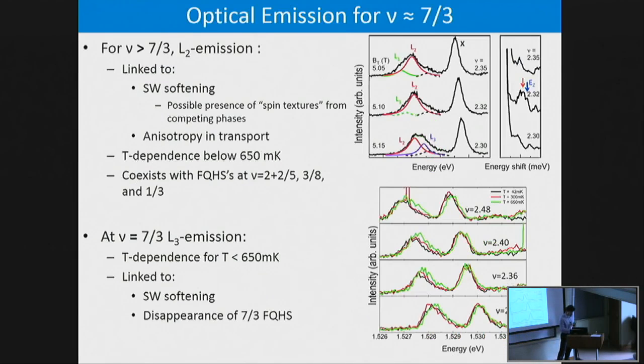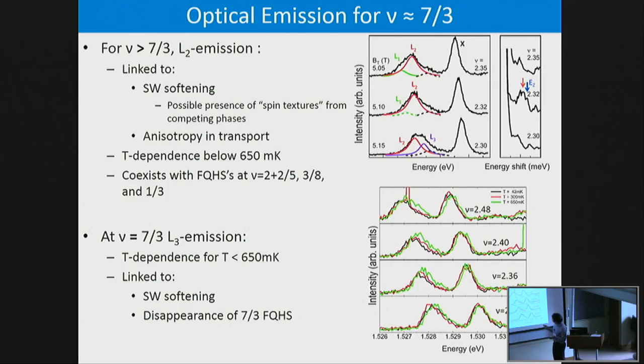But yeah, the results near 7/3, where the L2 peak is most dominant. This is the one which is in a sense the most mysterious to us, because the results are really the least clear to some extent.